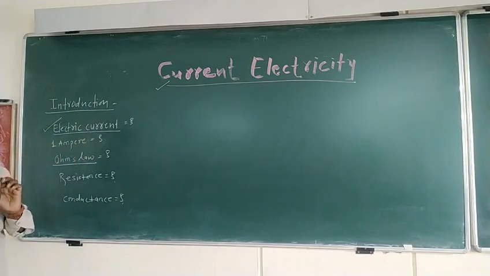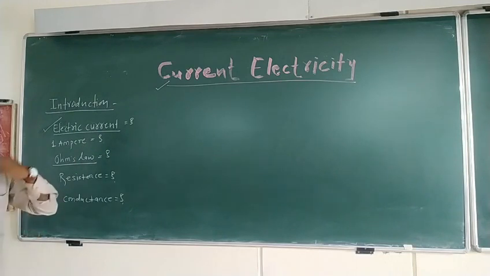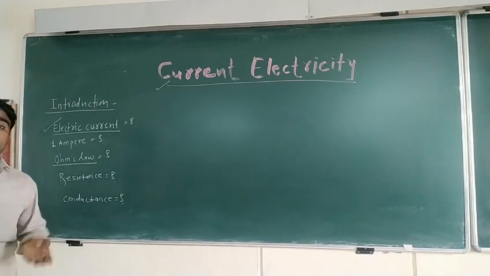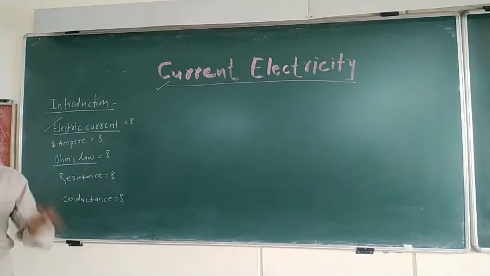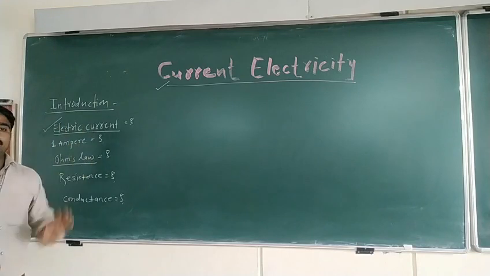We know that there are two types of charges, positive charges and negative charges. We will see later in electrostatics what is meant by positive and negative charges, but today we only see what is meant by electric current.